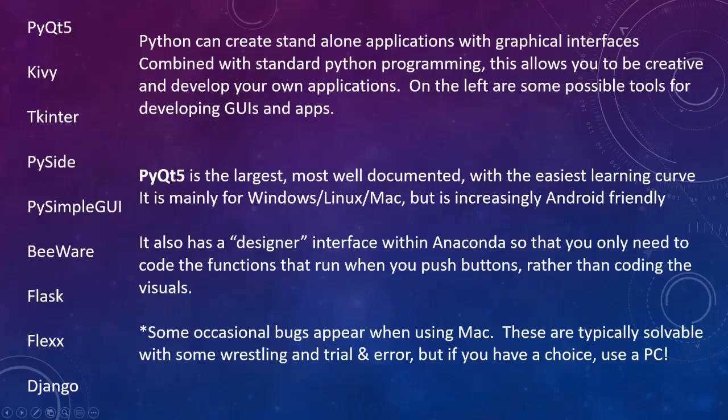The largest and best library for GUI development in Python is PyQt5. It's the most well documented, the oldest, the easiest to use out of these. It's also fairly friendly across platforms, but we'll get into some of that later. And it's also becoming increasingly Android friendly. The developers have actually made it so that you can deploy a program that you've made in Python on your desktop to a fully standalone executable file, and that can work on just about anything now.